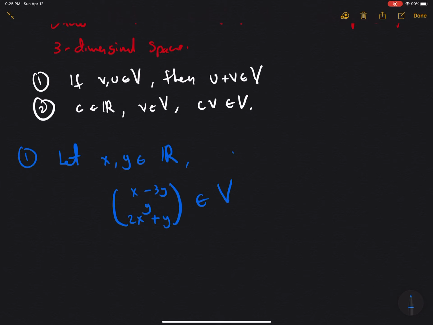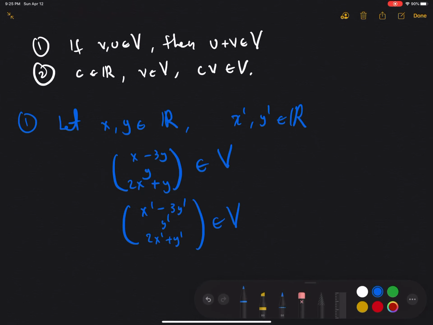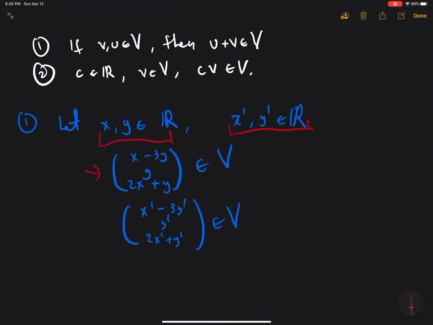But we can also take other parameters, say x prime and y prime, and those two will become parameters for particular vectors in our set.